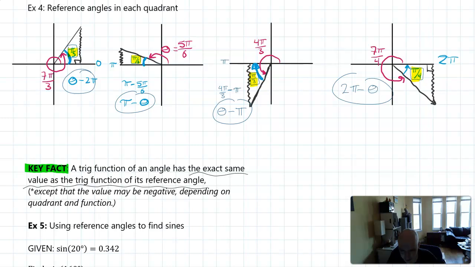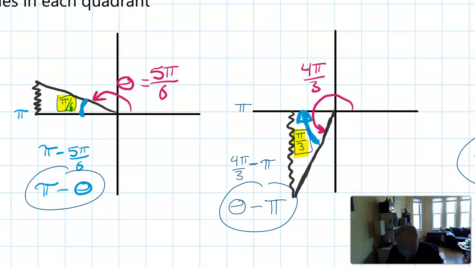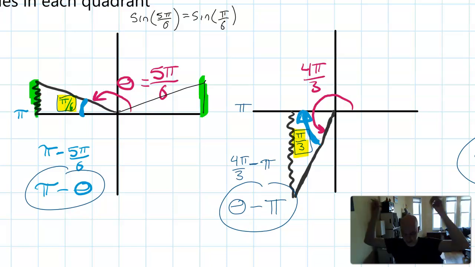And we just have a couple more problems to do that involve them. So let me show you how to do some of these. Actually, I'm going back to this picture because the main use of reference angles is just to do normal trig. So for example, if I ask sine of 5 pi over 6, well, that's basically saying make a reference triangle in the second quadrant, and sine of 5 pi over 6 is going to be the same as the sine of pi over 6 because those triangles are just reflections of each other and they have the same opposite side in the same direction, up.